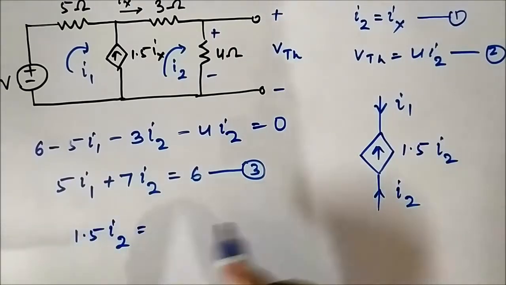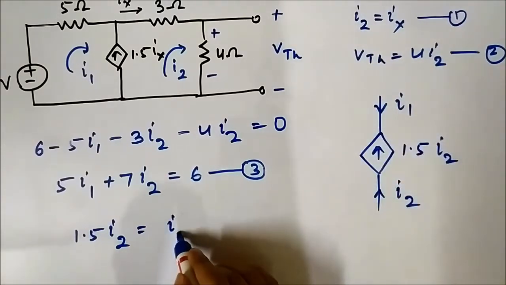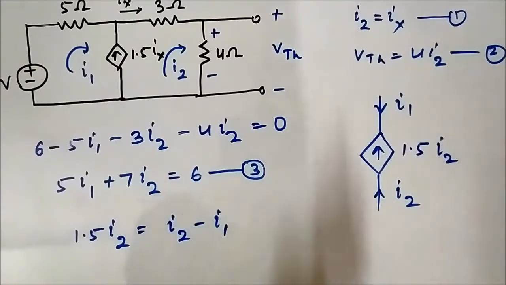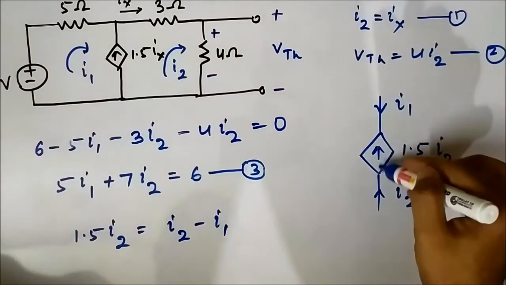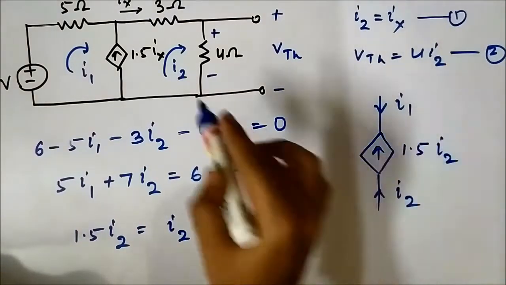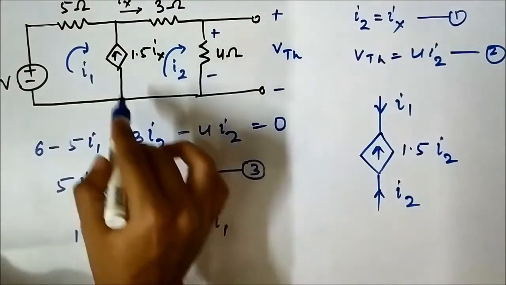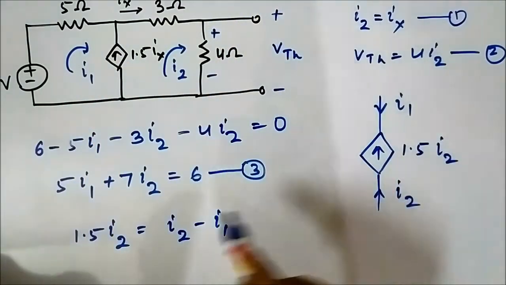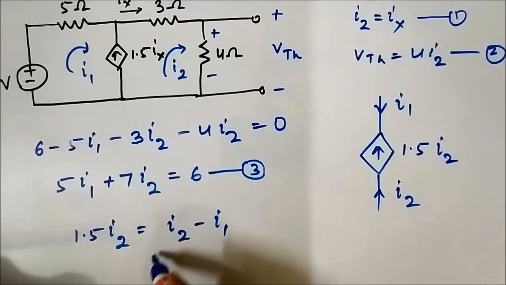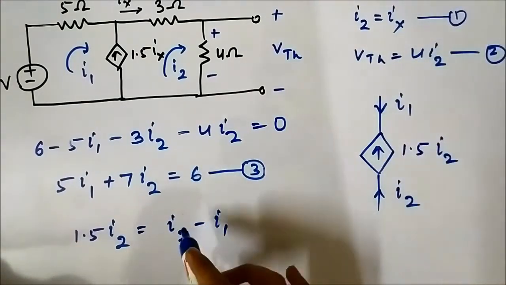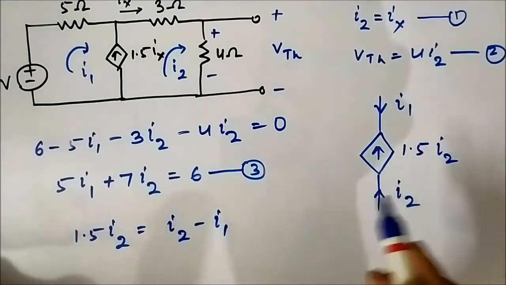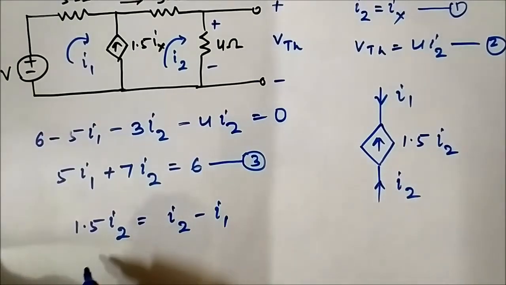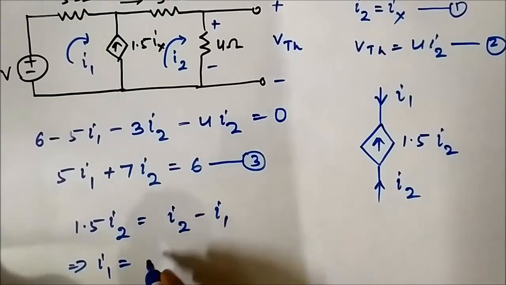is equal to I2 minus I1. Why? Because 1.5 I2, this dependent current source, has a direction upwards. So the upward flowing current will be considered as the reference, the predominant, and I1 will be the other, I2 minus I1. 1.5 I2 is I2 minus I1.